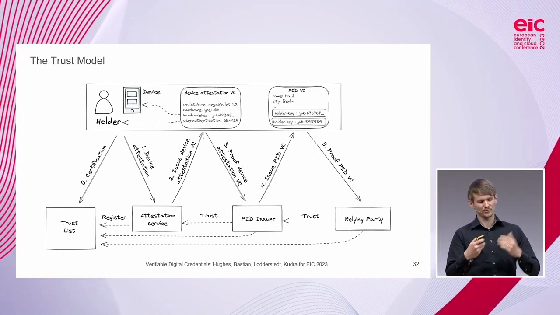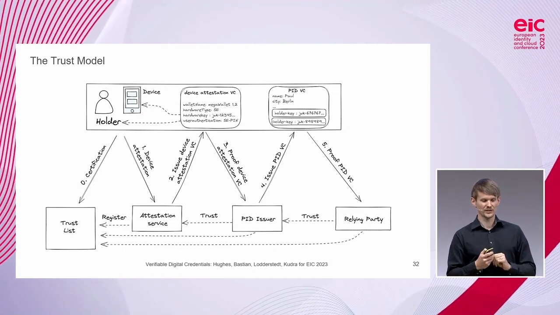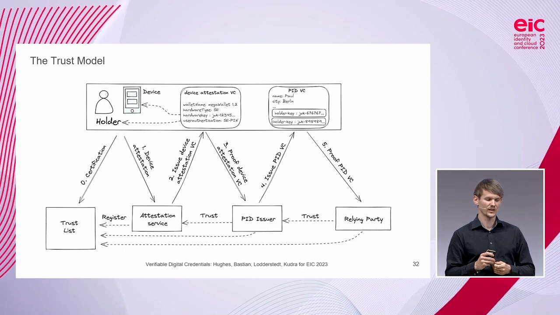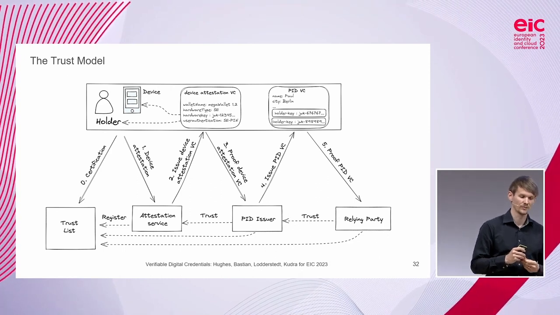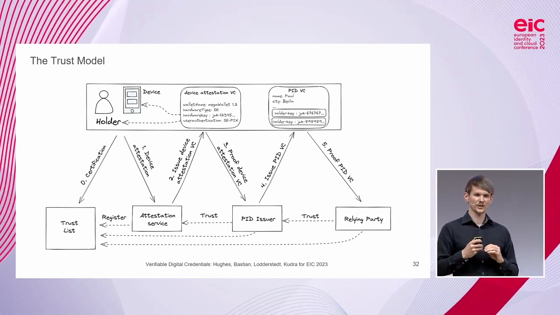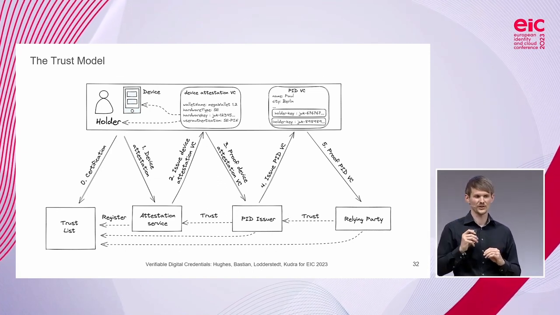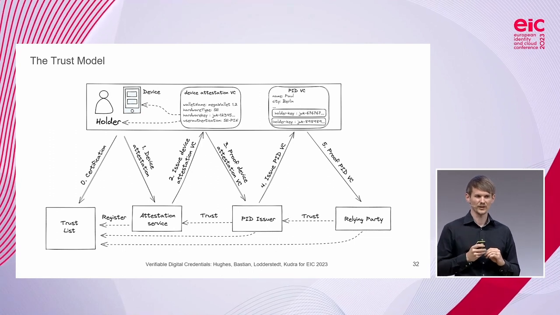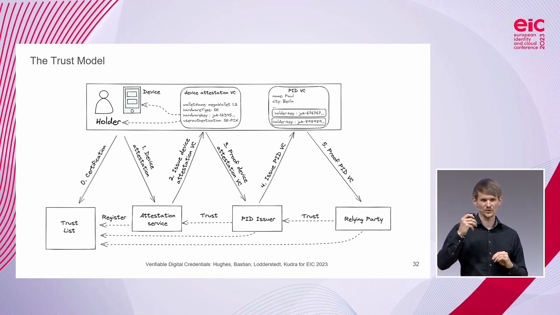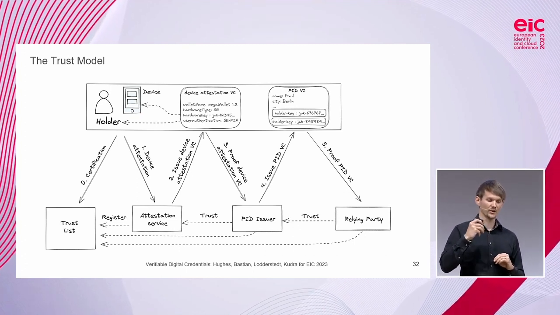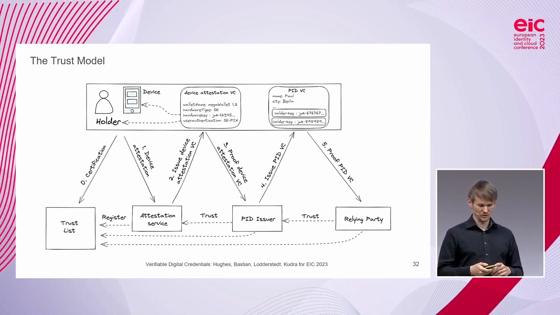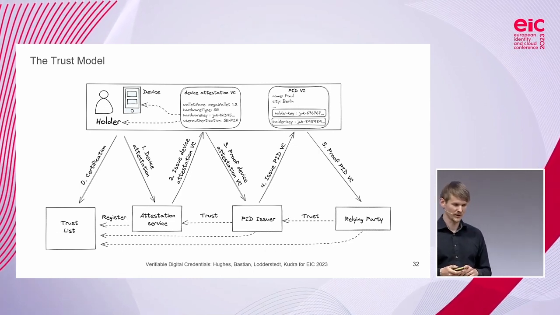And then the wallet can make a proof of this to the issuer, and the issuer can check this information because he trusts the attestation service, because it is in a trust list. And given now this information, the issuer has checked all the boxes to be able to issue a regulated credential, because he knows that it is device-bound, he knows that user authentication happened, and he knows that he is talking to the legitimate wallet, and he continues in his normal flow to issue a credential.